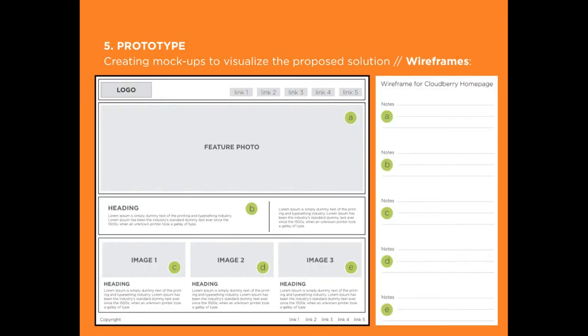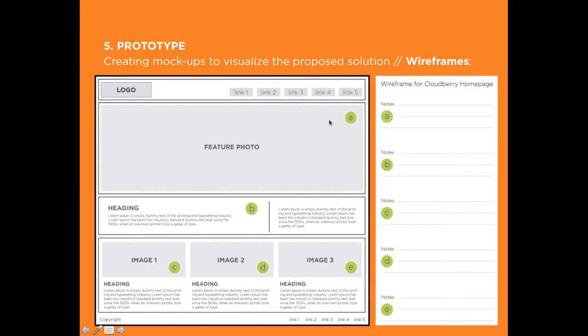Step 5 is prototyping, creating mock-ups to visualize the proposed solution. Wireframes. What wireframes are, basically what goes where. Think of it as wires, the external wires or the borders that limit and divide section from section.